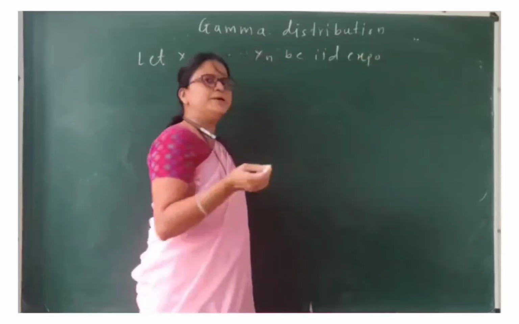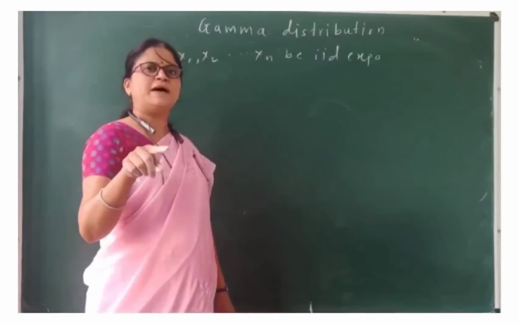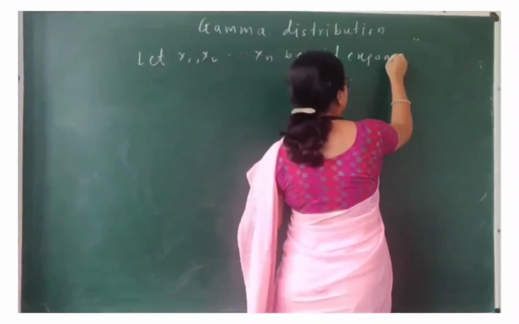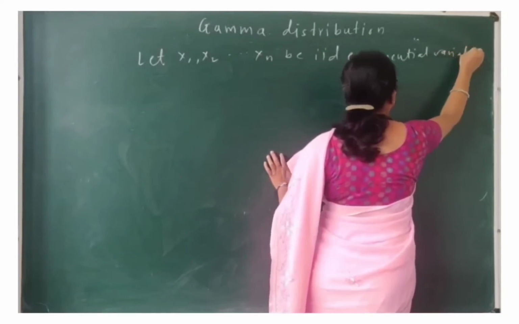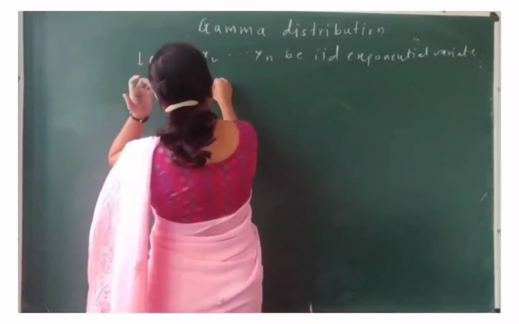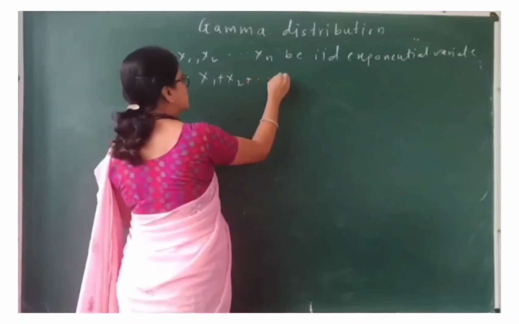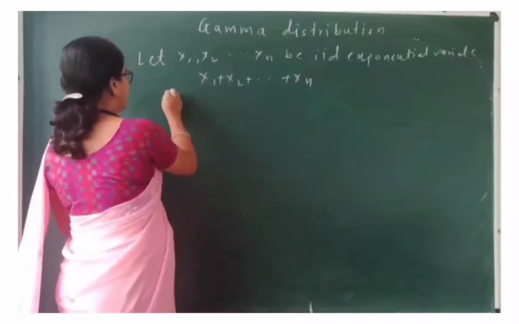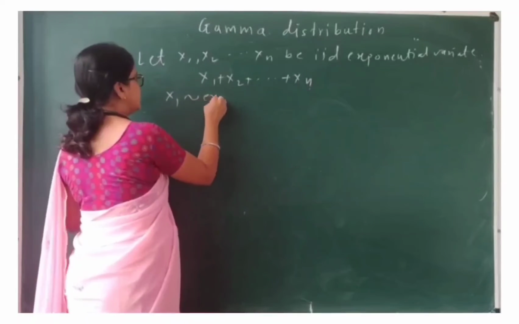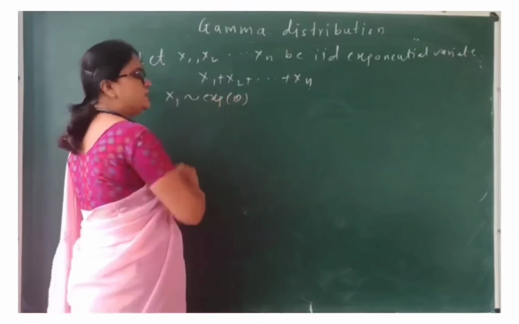IID means independent and identically distributed, that means the parameter is the same. And we need to find the distribution of X1 plus X2 plus so on up to Xn. Over here we are given that X1 follows exponential with parameter theta.